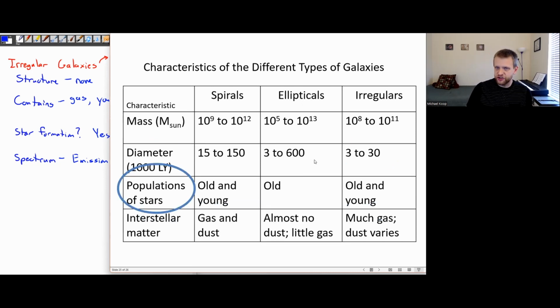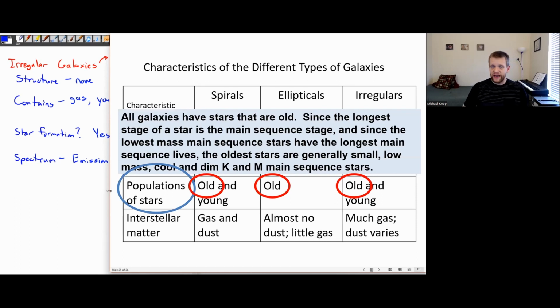In terms of populations of stars, all these different types of galaxies have old stars. All these different types of galaxies that we've talked about started their formation probably around 12 to 13 billion years ago, and our universe itself is about 13.8 billion years old. So all of these started out pretty early in the universe's history.